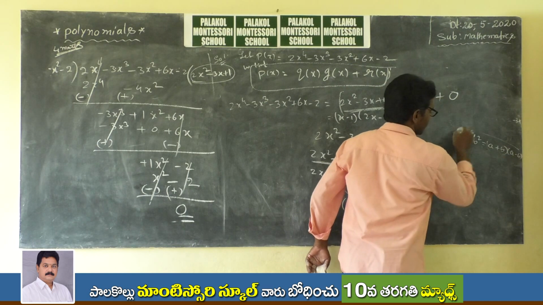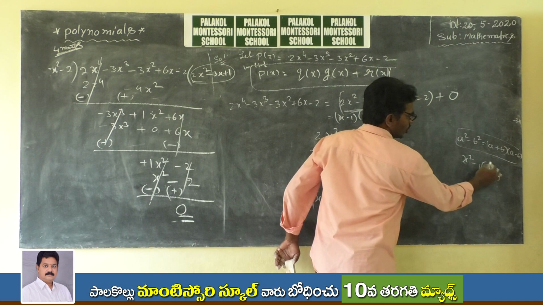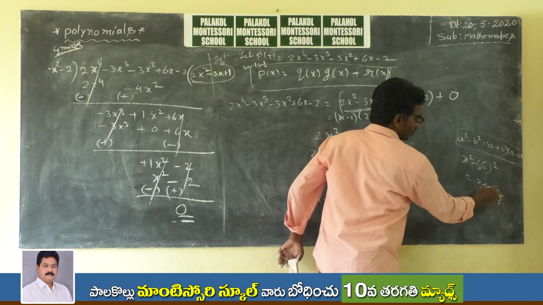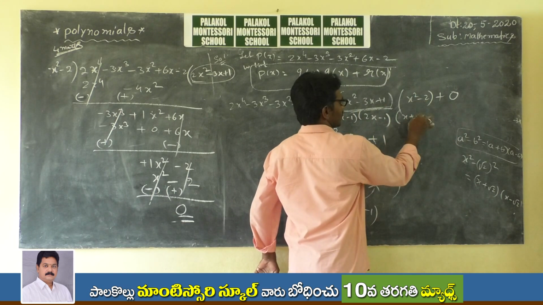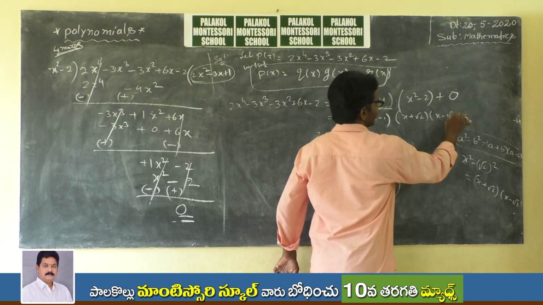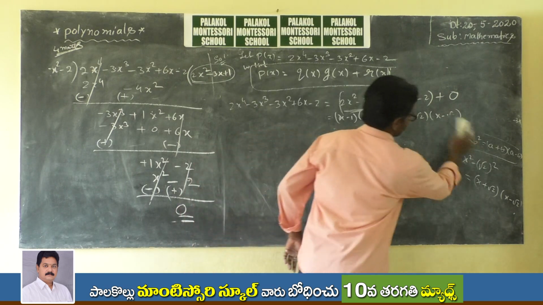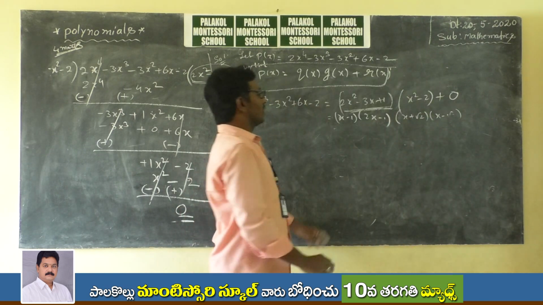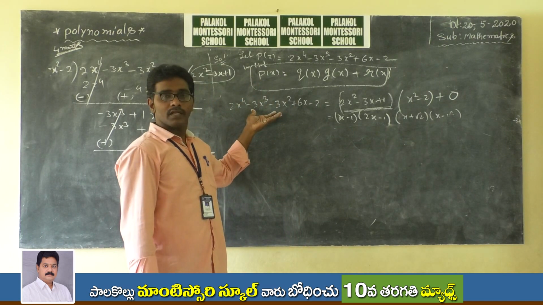Simply x square minus root 2 whole square, so x plus root 2 into x minus root 2. Okay guys, that's what you write. These are the linear factors of the given polynomial.